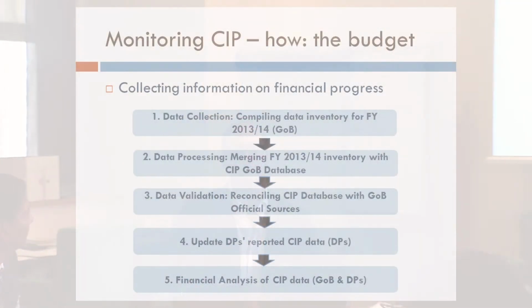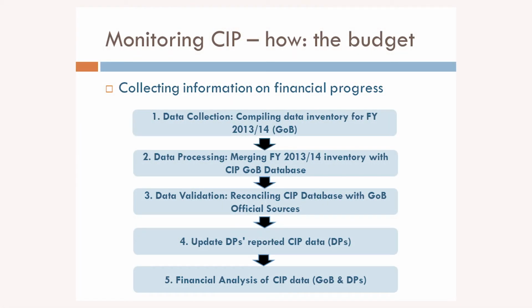For the financial progress, the process is similar, but in an investment plan we have different sources of funding. We have the government, but we also have donors. So we need a process that goes in parallel. On one side, we collect information on how the government projects are delivering the funds, to what extent they are delivering according to their plan.